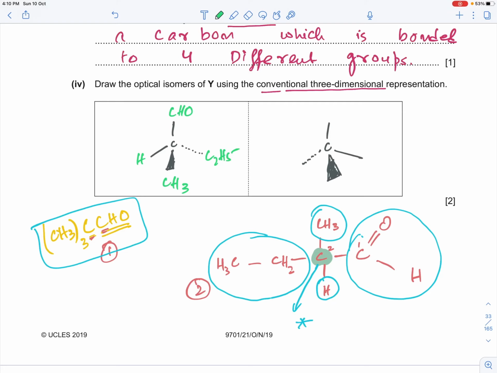It doesn't matter in what order you have arranged these atoms around the chiral center, but whatever arrangement you have chosen here, you have to follow it here as well. Just switch the left hand and right hand side. So this C2H5 would be shifted on this side, and H would be on this side, and CHO would remain at the top, and CH3 at the bottom. So these are the conventional three-dimensional representations of the optical isomers of Y.